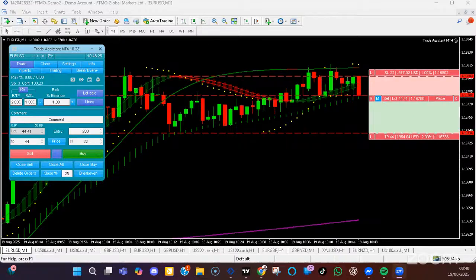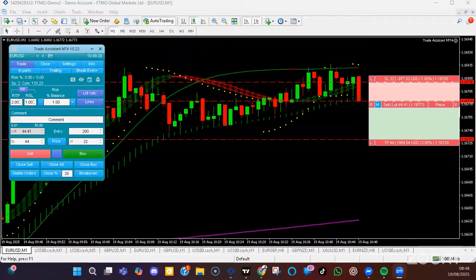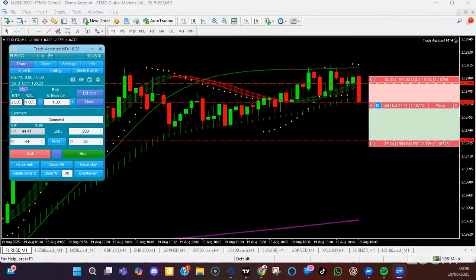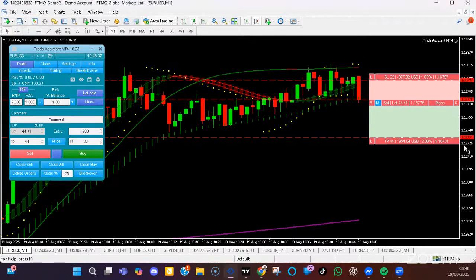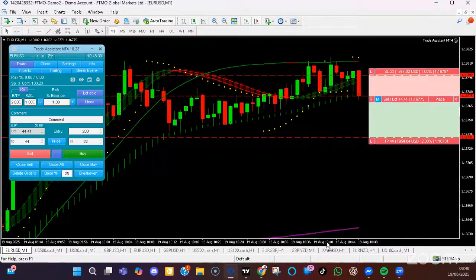But the buy alerts and the sell alerts only appear when there's certain algorithms enough for them to happen, and they are very good actually. So you've got to be guided by the sell alerts and the buy alerts.